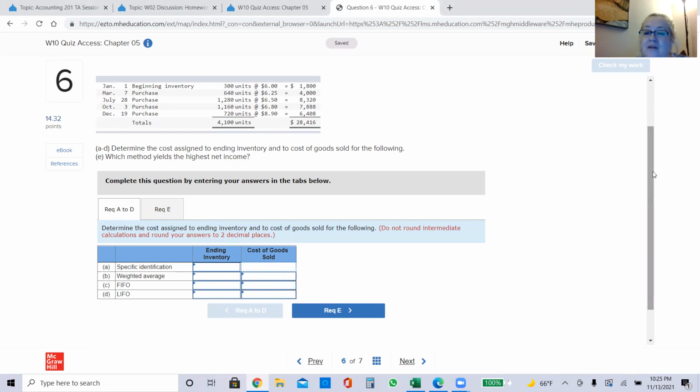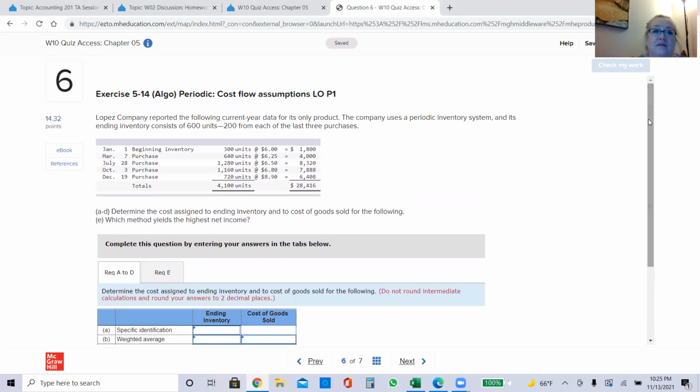Okay. So our problem is we're doing cash flow assumptions. Lopez Company reported the following current year data for its only product. The company uses a periodic inventory system, and its ending inventory consists of 600 units, 200 from each of the last 3 purchases.